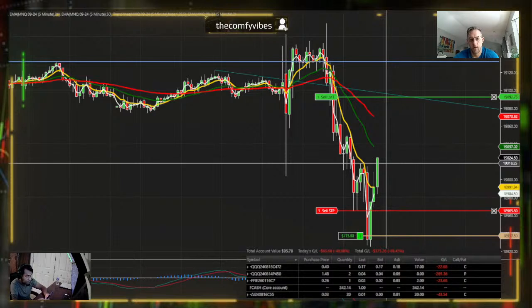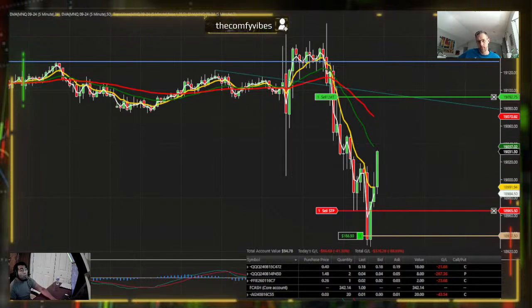But how much are you up percentage wise? It's not telling me any kind of percentage right now. I've basically made all of it back. I was down 200 and something. Right now, I'm only up 1350. I want to see if I can get this thing up to about, let's see.